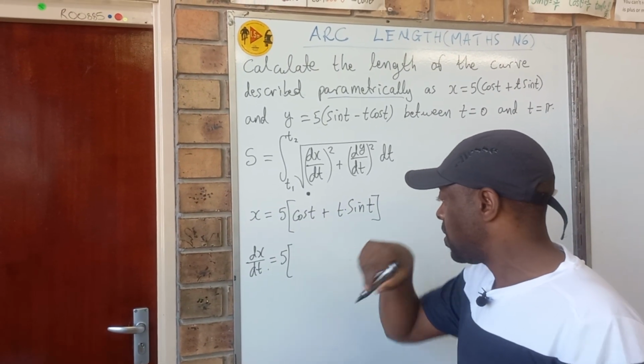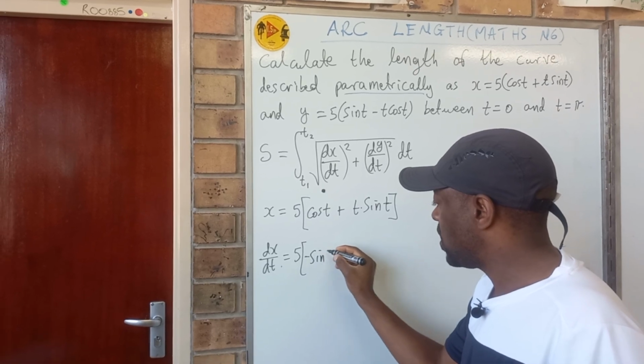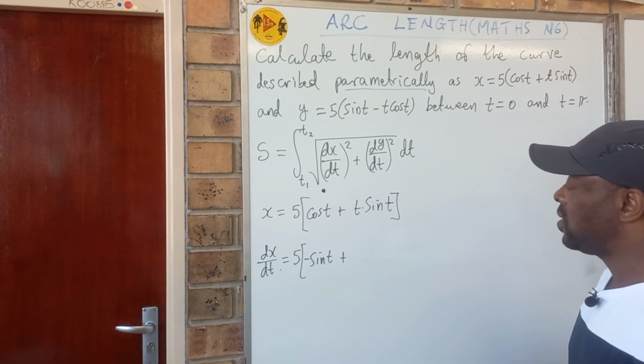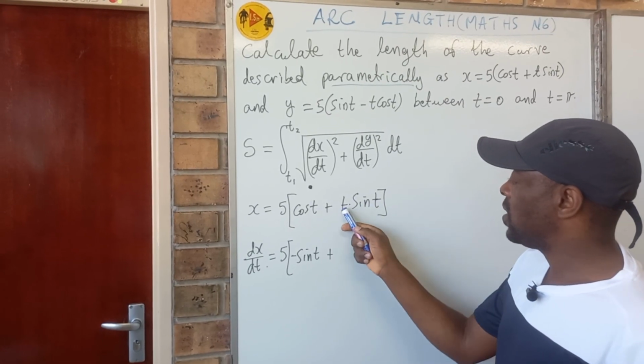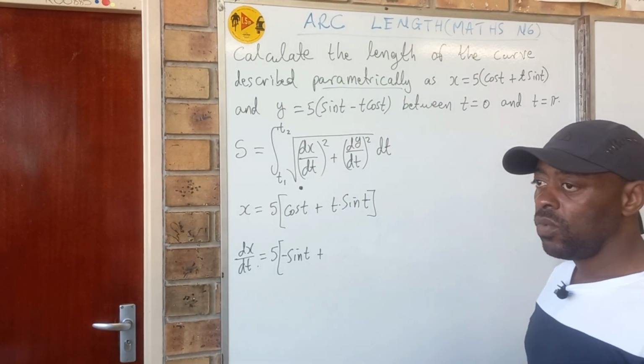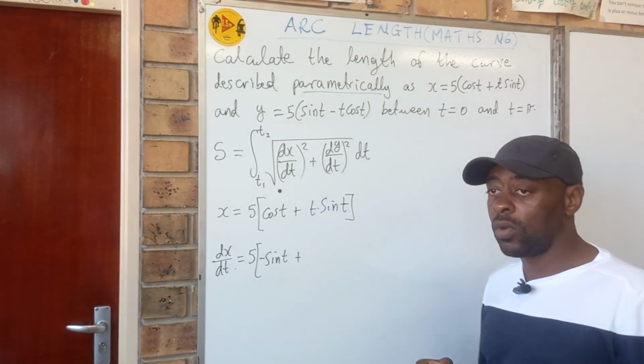So if I differentiate cos t, that gives me negative sin t, plus. Then if I get to this next term, you must not forget that this is a product of a linear term and a trigonometric term. When we are differentiating a product, all the time we want to use the product rule.